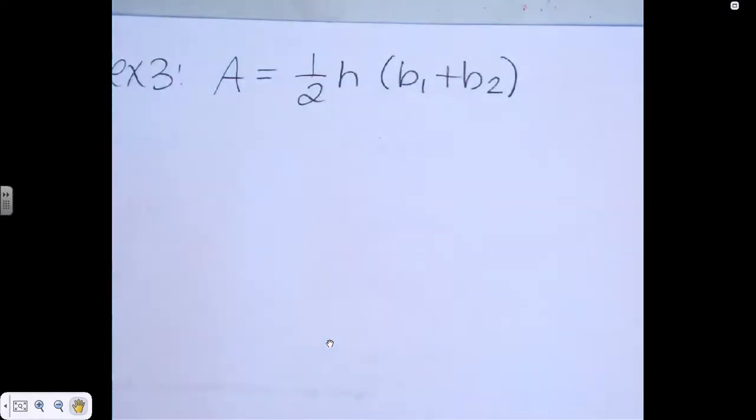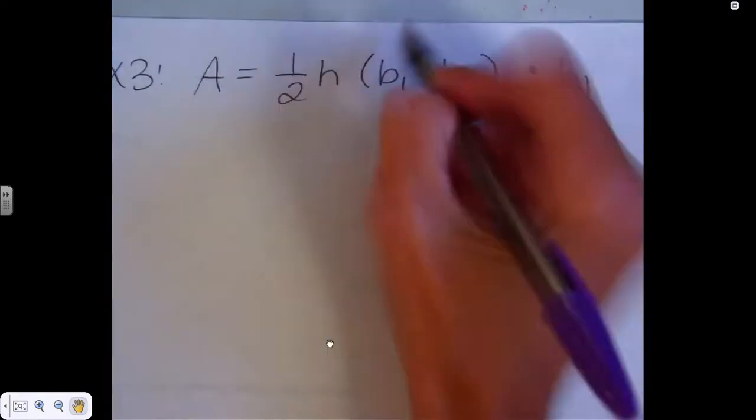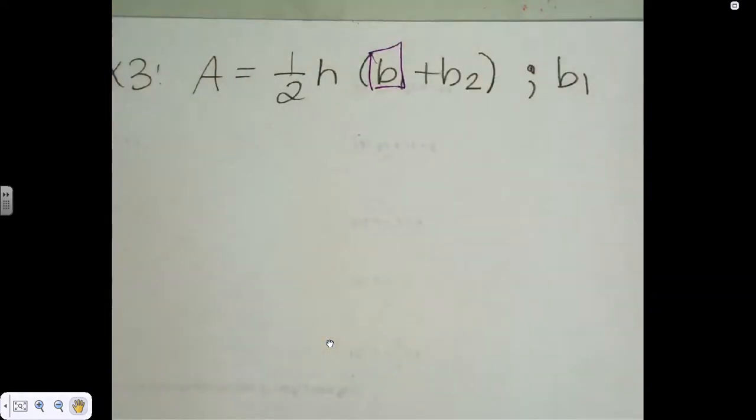Okay, so here I have my formula. A is equal to 1/2 h times base 1 plus base 2, the sum of base 1 and base 2. And I want to solve for base 1. So I box in base 1, and I think about what's being done to base 1.